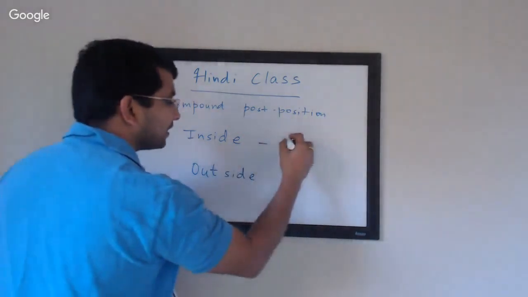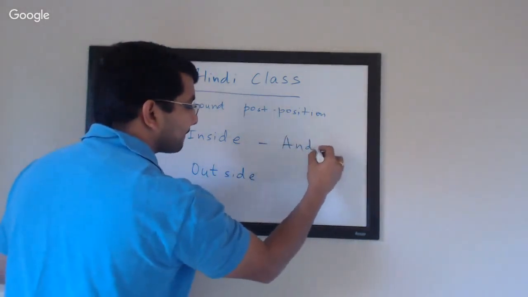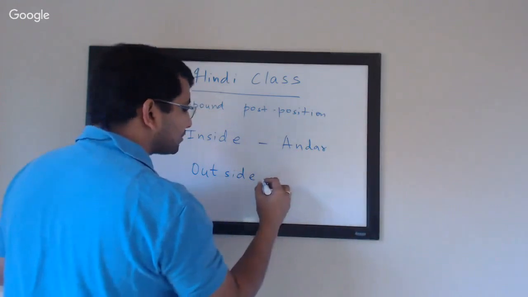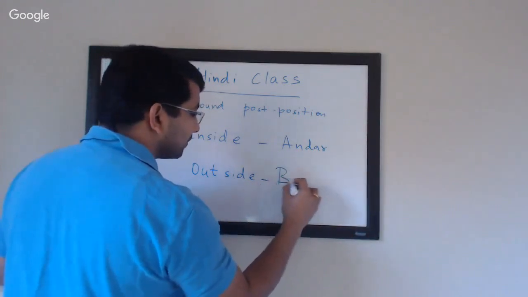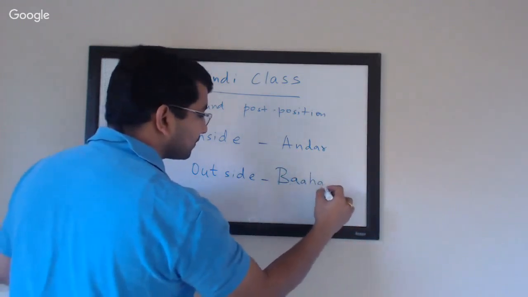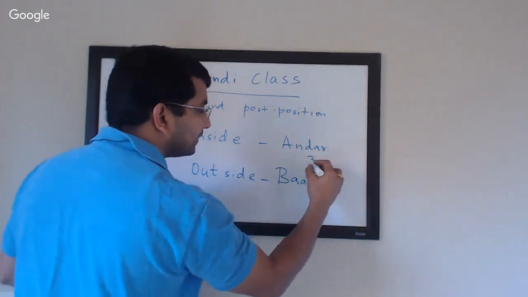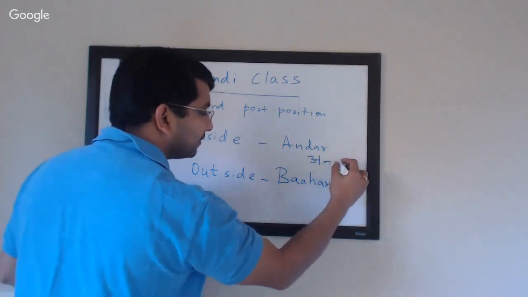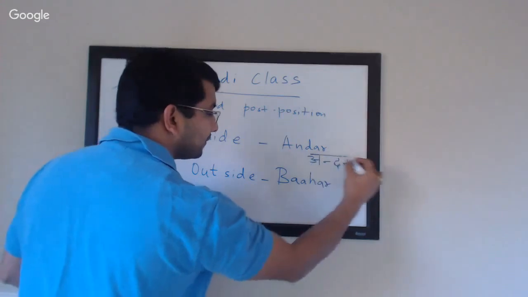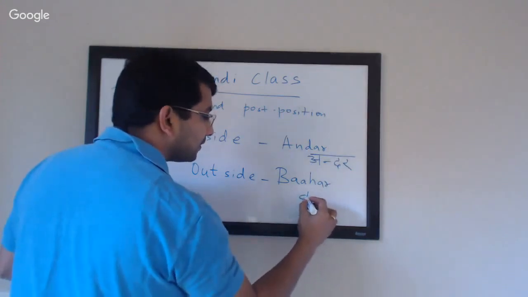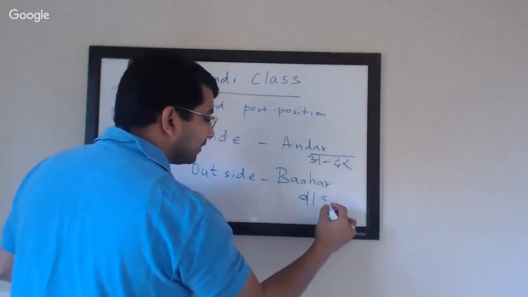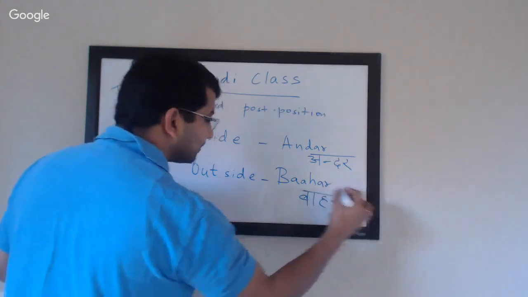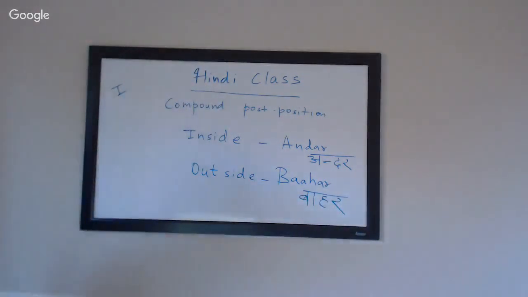Inside is andar, and outside is bahar. The way you write it in Devanagari, a, half na, da, and ra, andar; and bahar, ba with a, ha, and then ra, bahar. Okay, so those are the two.